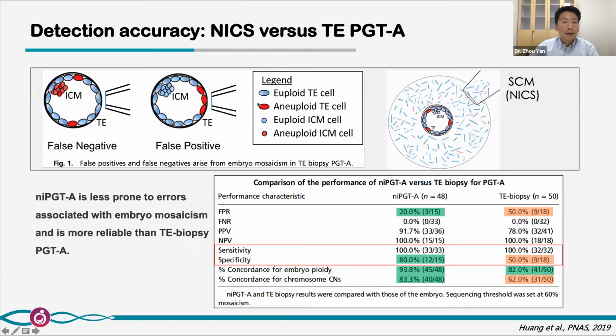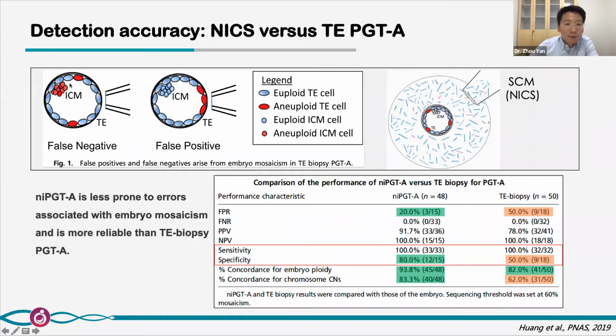This figure on the top shows the possible real-world scenario of embryo mosaicism in the TE biopsies for PGT-A and for the SCM when using NICSI.